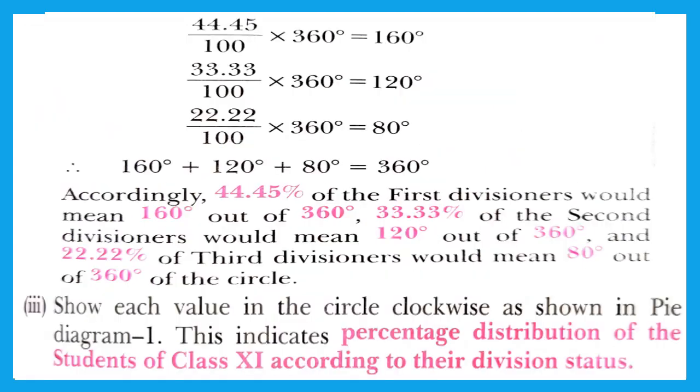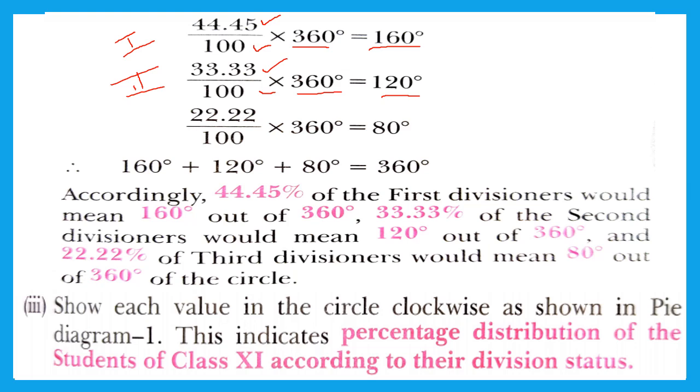See, how will you convert it into angles? First, for first divisioner, 44.45 was a percentage, divided by total, that is 100, into 360°. So for first divisioner, the angle would be 160°. Now for second divisioner, the angle would be percentage divided by 100 into 360, that is total angle of the pie, which is equal to 120°.